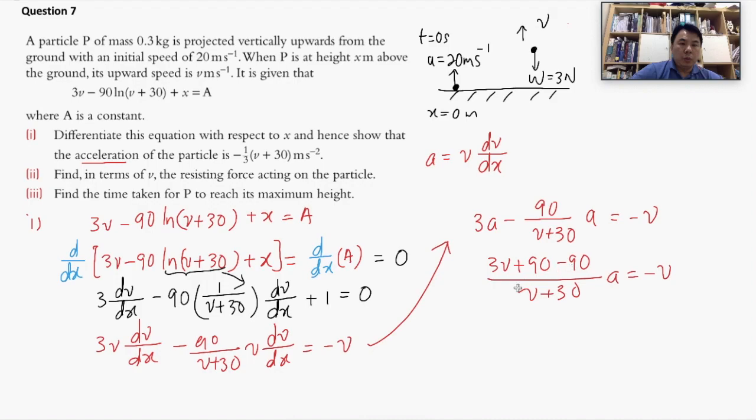So from here we notice that acceleration a is actually equal to, let me see what we have here, v has been cancelled, so negative 1 over 3 (v plus 30) meter per second square. So that has been shown. Right, so I hope that is clear for question 1.